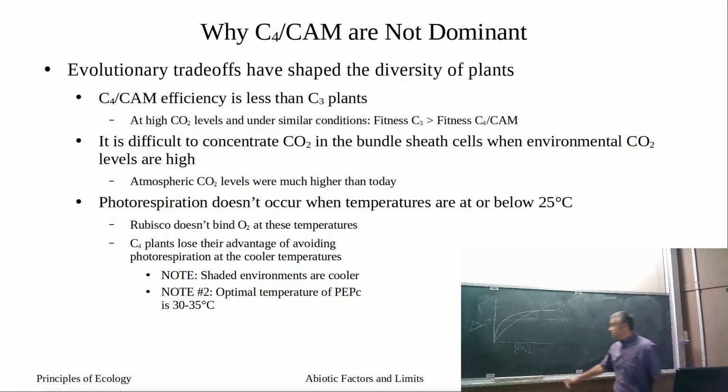As we increase our CO2, it's even harder to get a high concentration in those bundle sheath cells. So again, higher concentrations of CO2 in the atmosphere hit us with both the efficiency issue and the need to concentrate CO2 in the bundle sheath cells. And the last thing is temperature related.